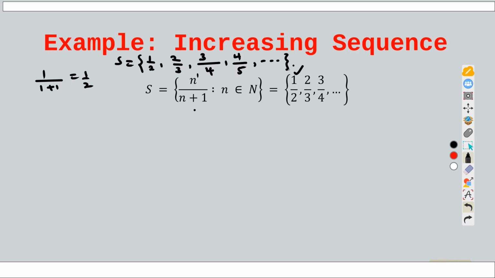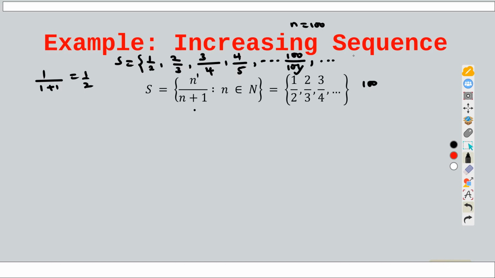Now, for such a set, it is always better not to just put these dashes. You need to know, for any bigger value of n, where the set is tending to. For example, if n is 100, this will be 100 divided by 100 plus 1, which is 101.